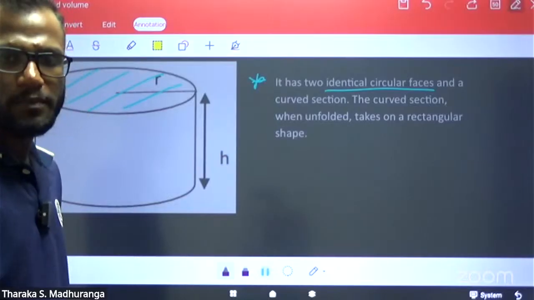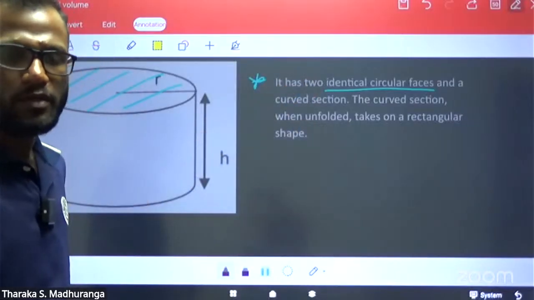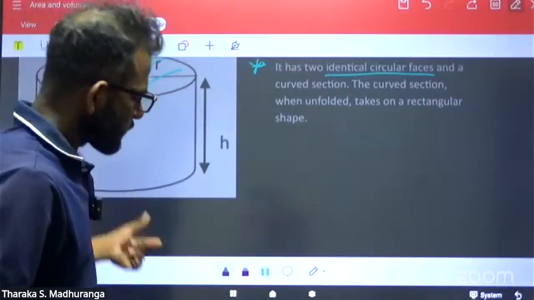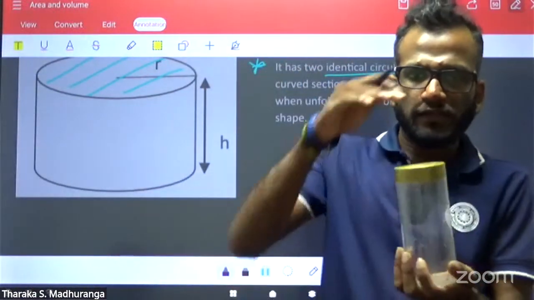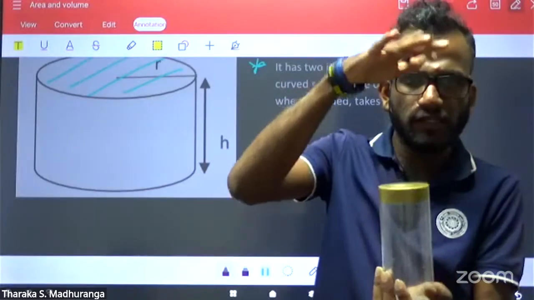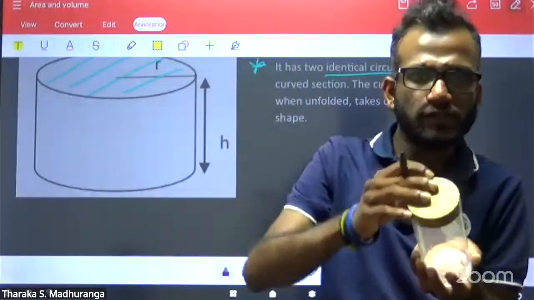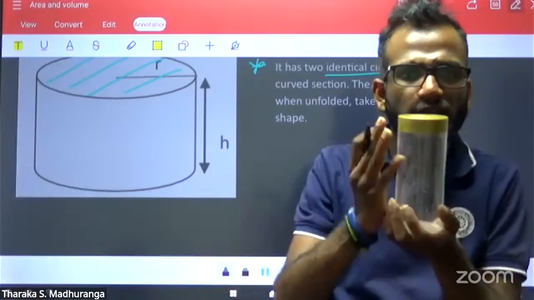Note down this point. Now what is explained here? This is a cylinder. This is the lid of the cylinder, a circular surface, and the opposite side is also a circular surface, and it has a curved surface.